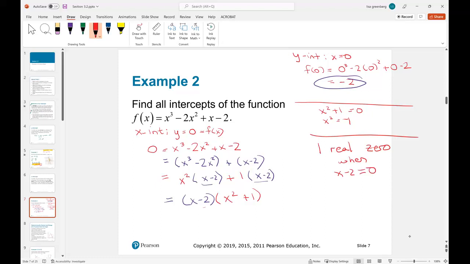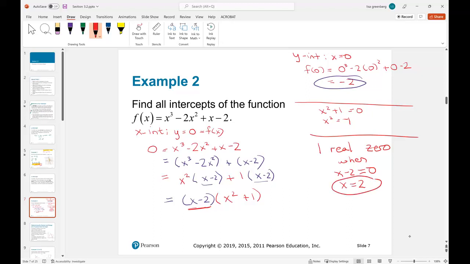So I only have to worry about that because x squared plus 1 can't be 0. No matter what number I have, I square it, it becomes a positive number, and then I add 1 to it. Even if it's 0, that's the biggest that it could be, right? And then if I add 1 to it, it's positive, so it's not going to be 0. So I have one real 0 when x equals 2.